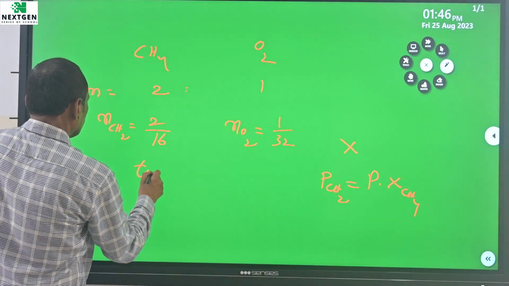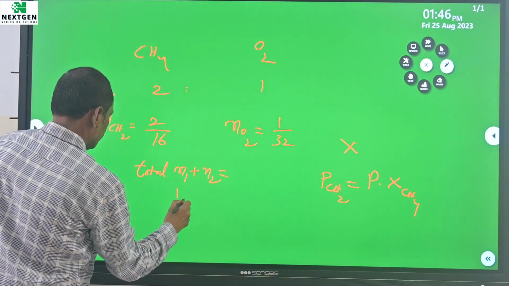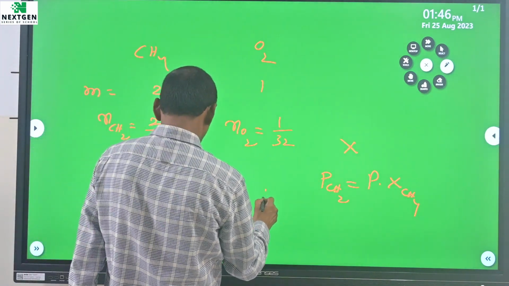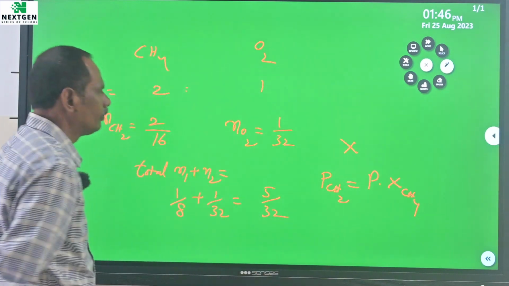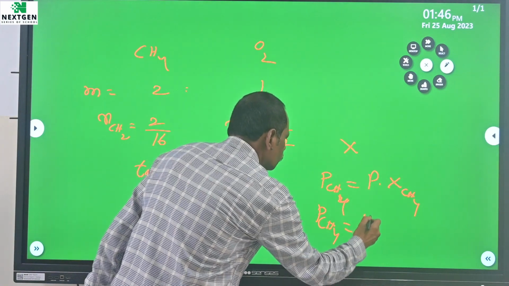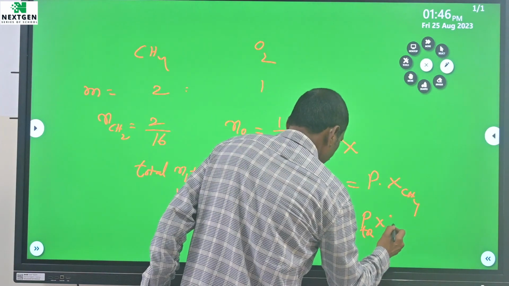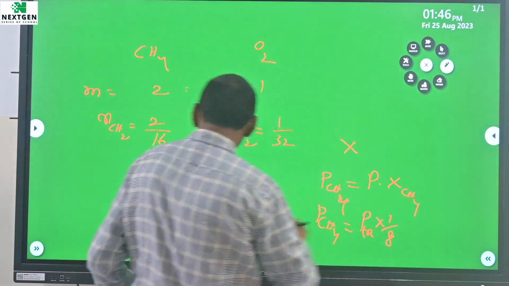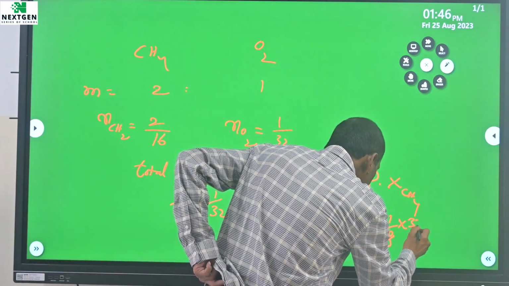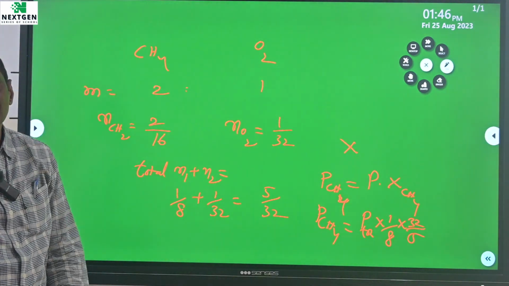The total mole number is equal to 2/16, that is 1/8, plus 1/32, which is equal to 5/32. Therefore, the partial pressure of methane is total pressure into the number of moles of methane, 1/8, by the total mole number, 5/32. Like that, calculate it and you will get the answer.